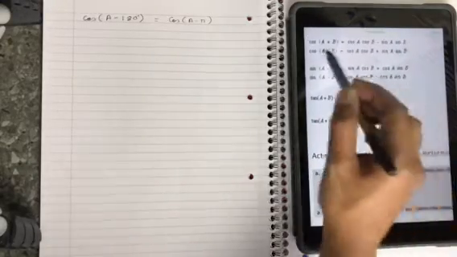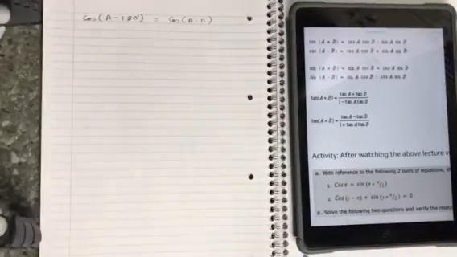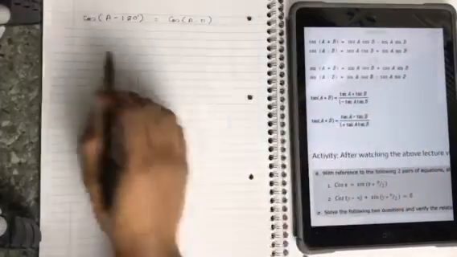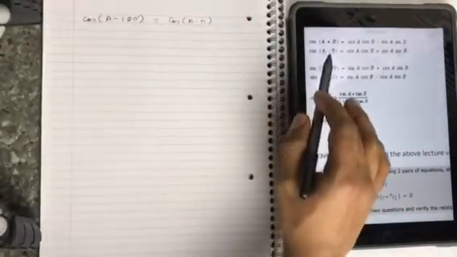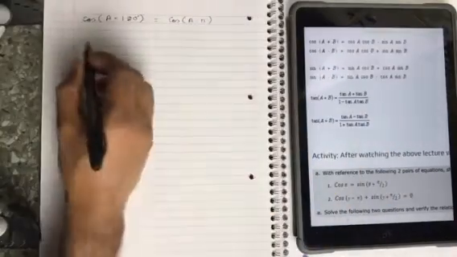I'm going to be using these compound angle formulae to solve this problem. I've got cos of a plus b, cos of a minus b. This is very similar to cos of a minus b, so I'm going to repeat my formula here.